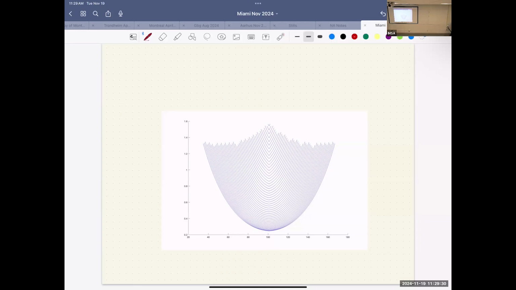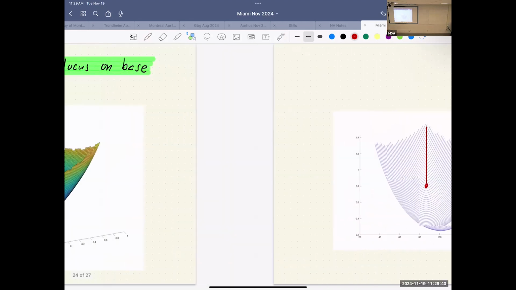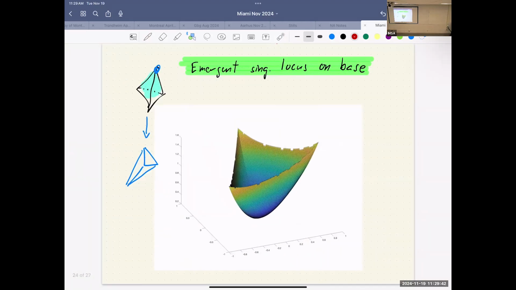From here upwards, you have this singularity. This tells you that the patch you can use should exclude this part. In this case everything is symmetric, so it's happening exactly at the midpoint of this edge.